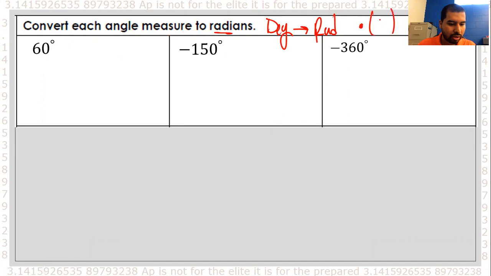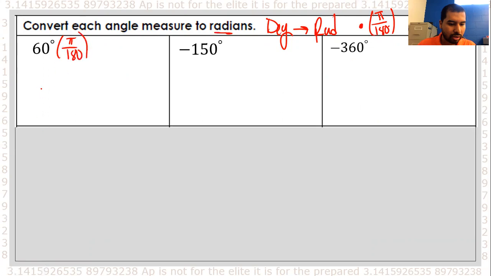I want to get rid of that degree. So I'm going to make sure I have degrees in the denominator, 180. And the same thing, 180 is the same thing as pi. So that means every single thing here, to change it into radians, I must multiply by pi over 180. So let's do that. Pi over 180.